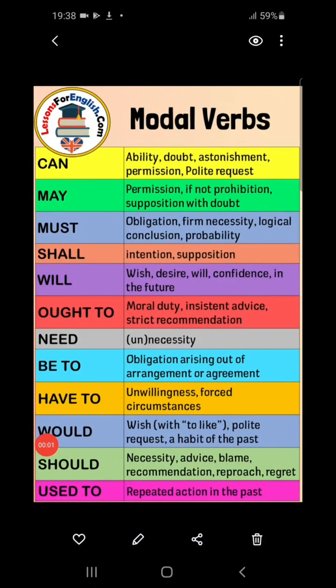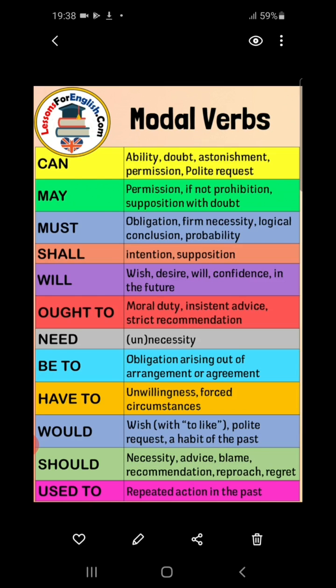Let's see which modal verb is expressing what. Can expresses ability, doubt, astonishment, permission, polite request.